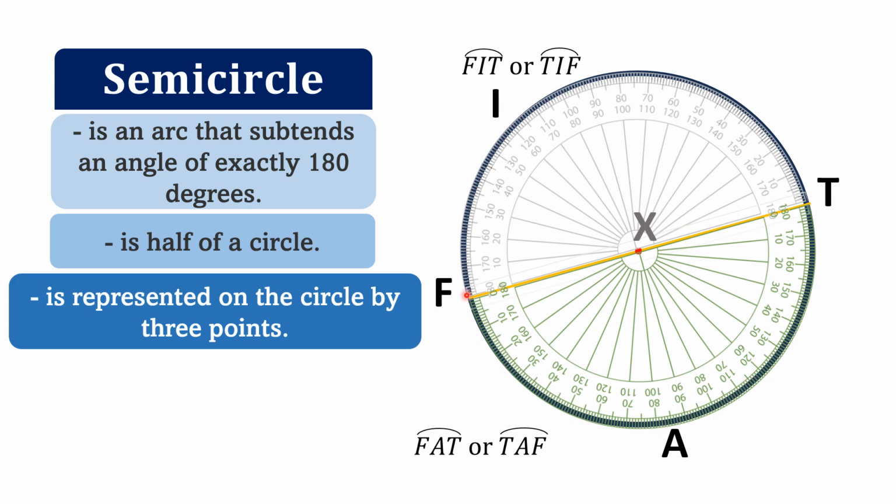Always remember that in naming a semicircle, you have to use the 3 points on the circle. Another thing to determine that an arc is a semicircle is by the diameter of the circle.